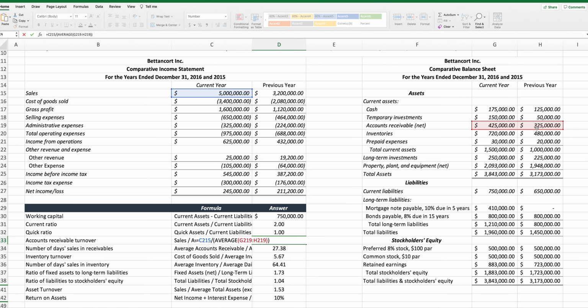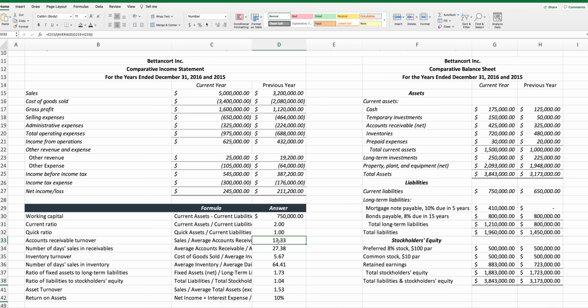So these are my averages. Where did I start out the year, which was 325? Where did I end the year? That was 425. And so I'm taking the average of these two, and I'm dividing it into my sales. What does this tell me? This tells me that I turn my accounts receivable over 13 times a year.